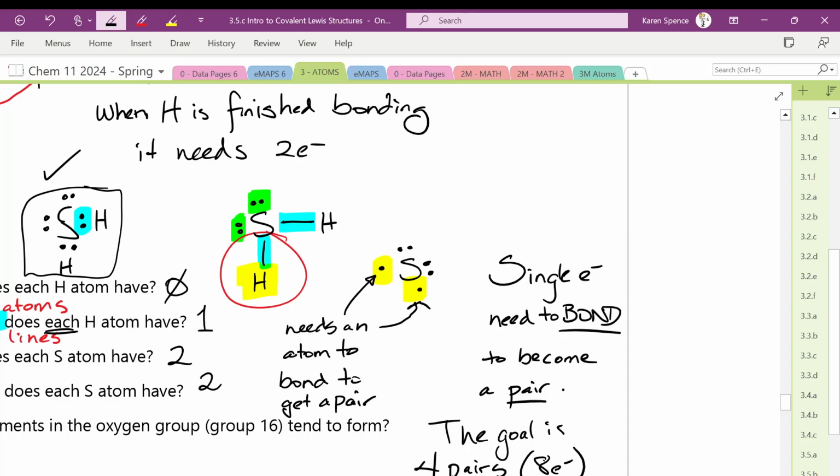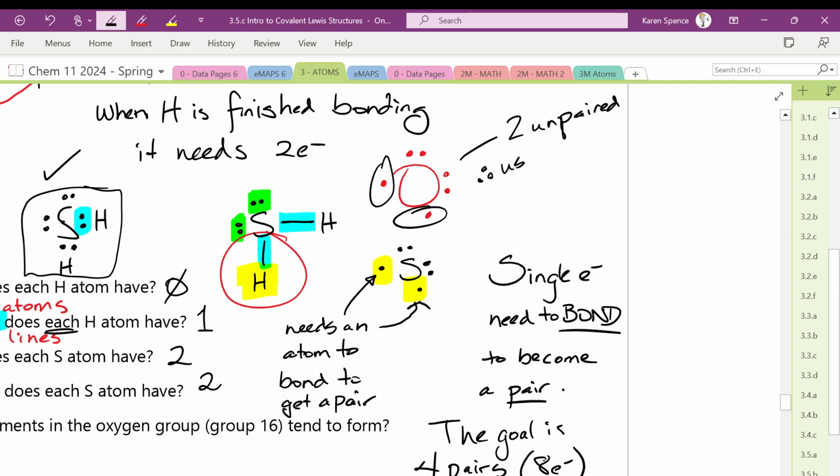So if we look at any element in group 16, we could look at oxygen. 1, 2, 3, 4, 5, 6. We have an unpaired electron here, and we have an unpaired electron here. 2 unpaired electrons.